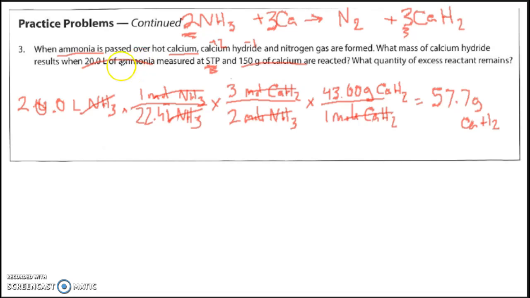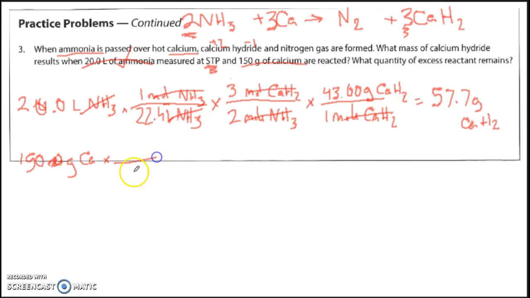So that's only the one thing. So I've done that one. Now I need to see how much of the calcium hydride that calcium would produce. So I start with a whole another problem. 150.0, just 150 grams calcium.